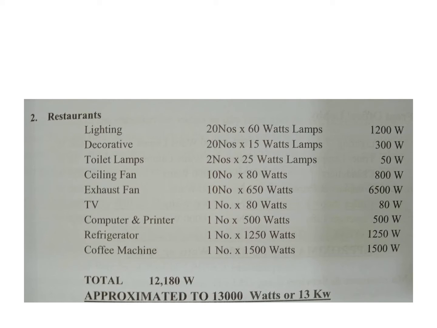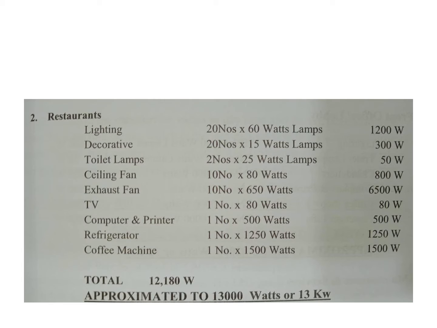Restaurants similarly make a calculation of lighting: about 200 watts, 20 numbers of 50 watt lamps, 1200 decorative, you have 20 to 15 watts, 300 toilet lamp, ceiling fan, exhaust fan, TV, computer, refrigerator, coffee machine. Yeah, they missed out on the air conditioning, but anyway, we get the idea of what this is about.